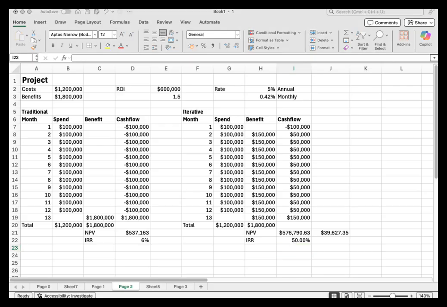Now, let me point out here that we haven't said anything about quality, we haven't said anything about risk, we haven't said anything about feedback. The only change we've really made is to assume that we will deliver the benefits incrementally over the course of the year. But actually, we might want to go further than this.